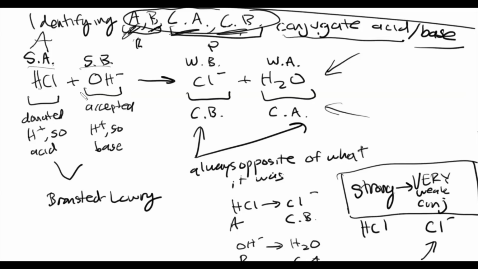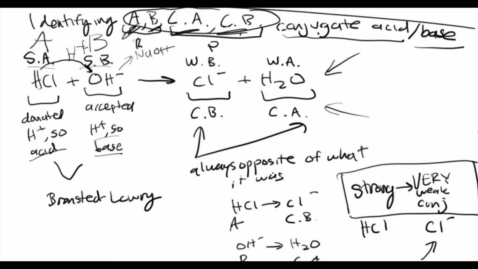And we know that OH minus, for example, NaOH, is always going to be a base. And we also know this because this HCl will donate its H+. So because it donates the H+, it is an acid. And because OH minus accepts this H+, it is the base.